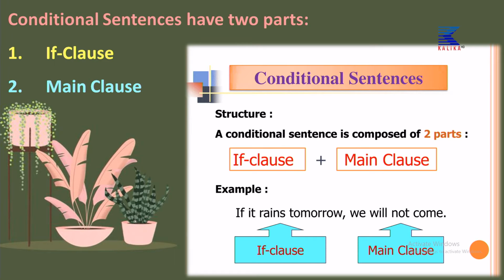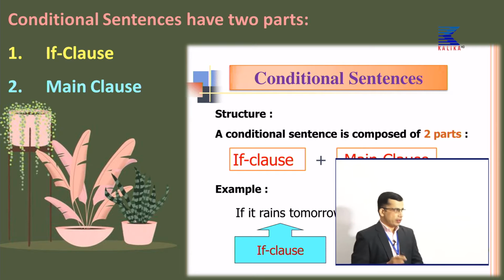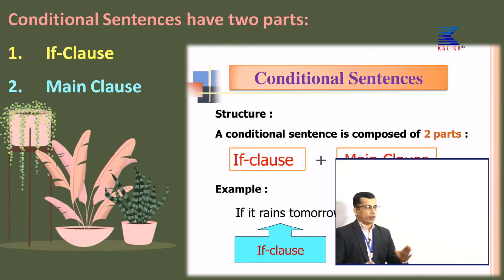See, so it's been divided in two different clauses. The if clause, you can see, is separated by a comma, and that part which consists of if, we call it the if clause. And the rest one is the main clause.